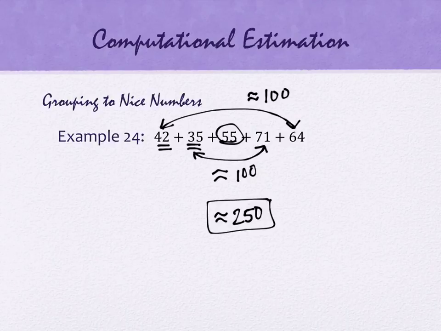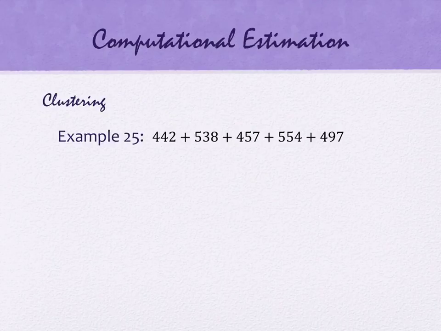Okay? All right, clustering. Clustering doesn't work for everything either, but it is a really nice strategy when it works. Clustering is the idea that all of the numbers are pretty close to the same number, like a common number among all of them. All of these numbers are awfully close to what? 500. I mean, some are closer than others, but these numbers are all pretty much 500. Right, so this would be like going to the grocery store and everything you grabbed was awfully close to $1, so you just count how many things are in your basket, right?